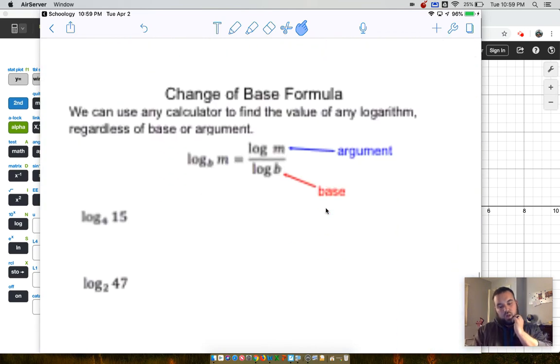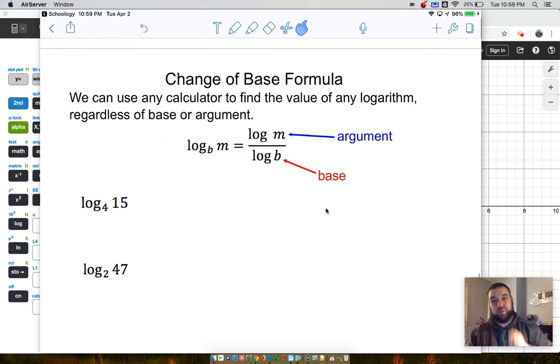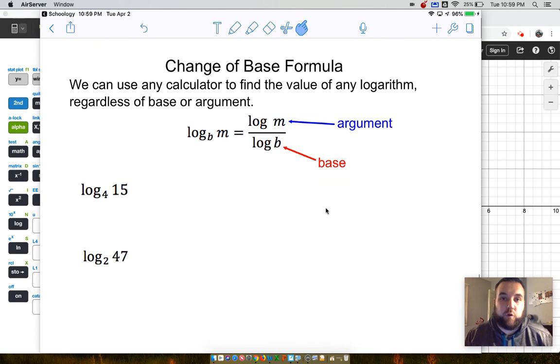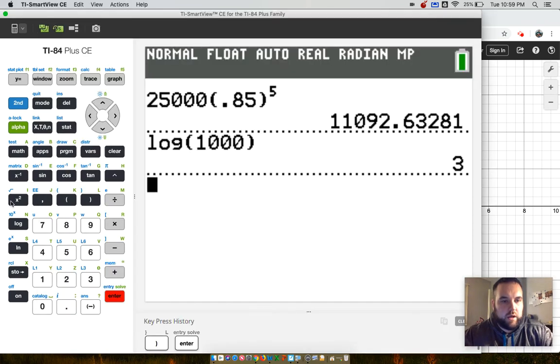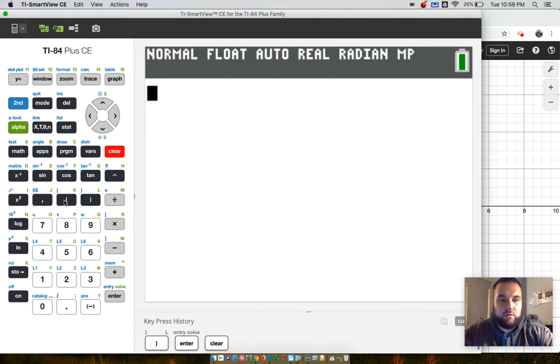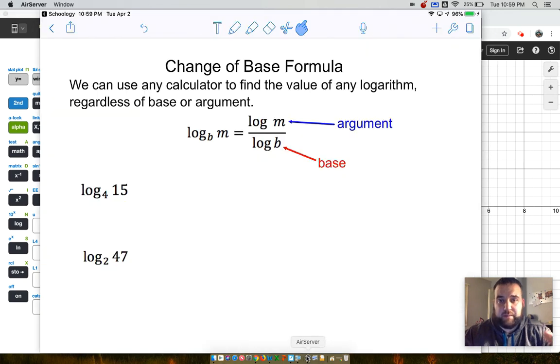Now, this last part is actually maybe the most important formula when it comes to logarithms. Reason being that most calculators only have a button for, if you look at the calculator here, I only have a log button, and that's only base 10. And a lot of times it can be tricky to type in logarithms with separate bases.